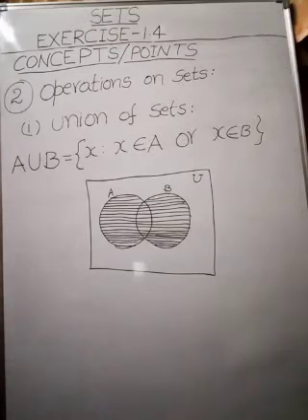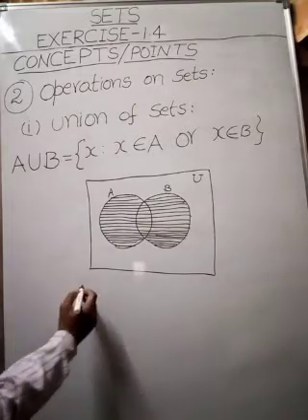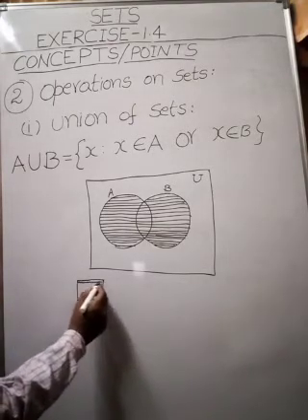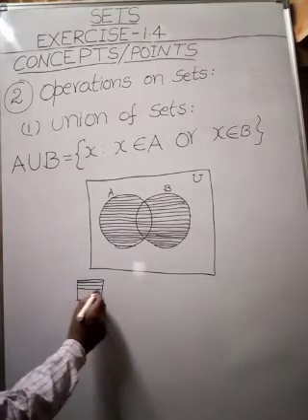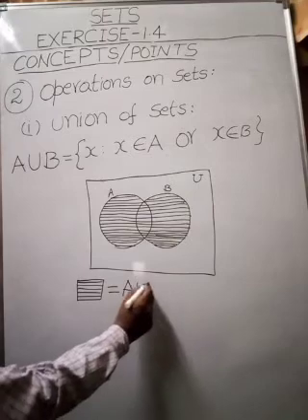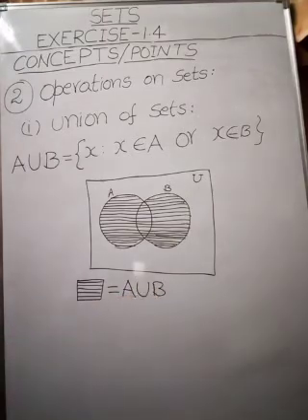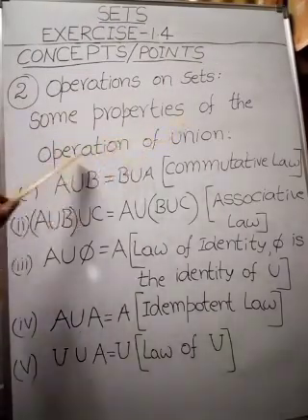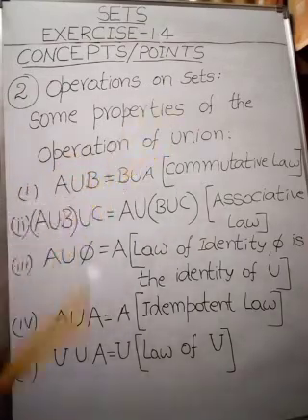Okay, my dear children, this horizontal shaded region denotes A union B. Now come to some properties of the operation of union.